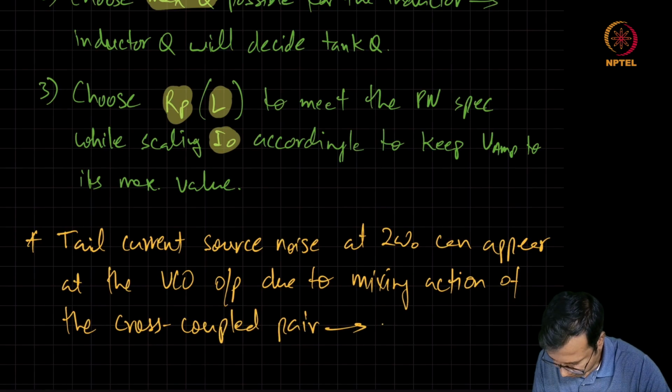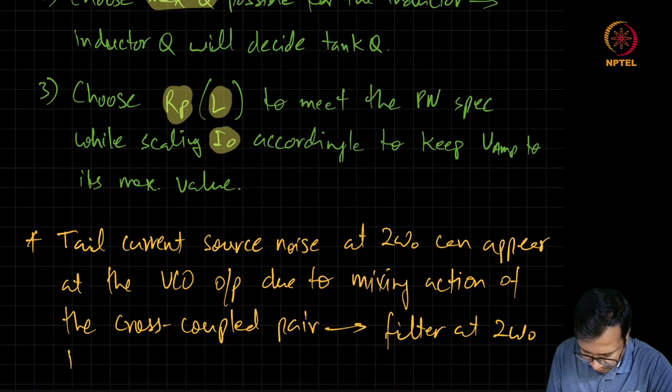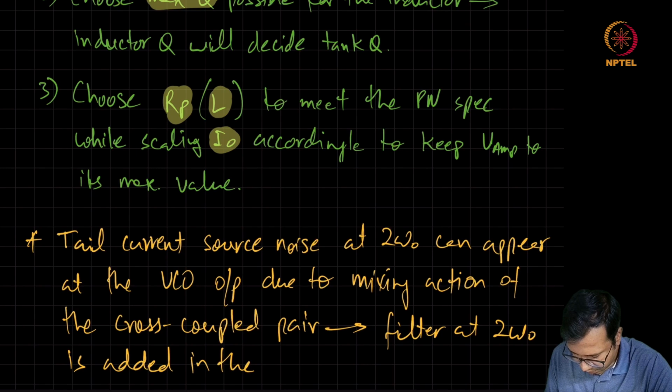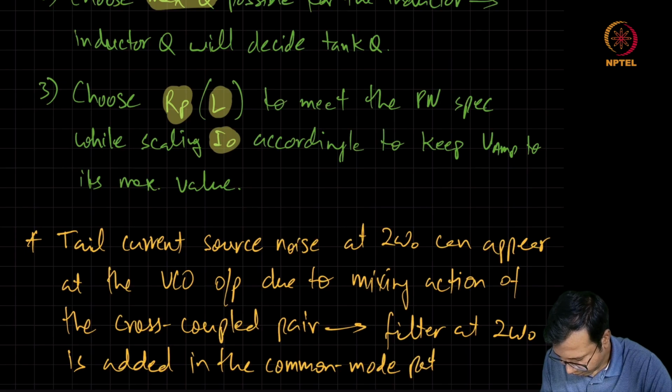So many times a filter at 2 omega naught is added in the common mode path of the VCO.